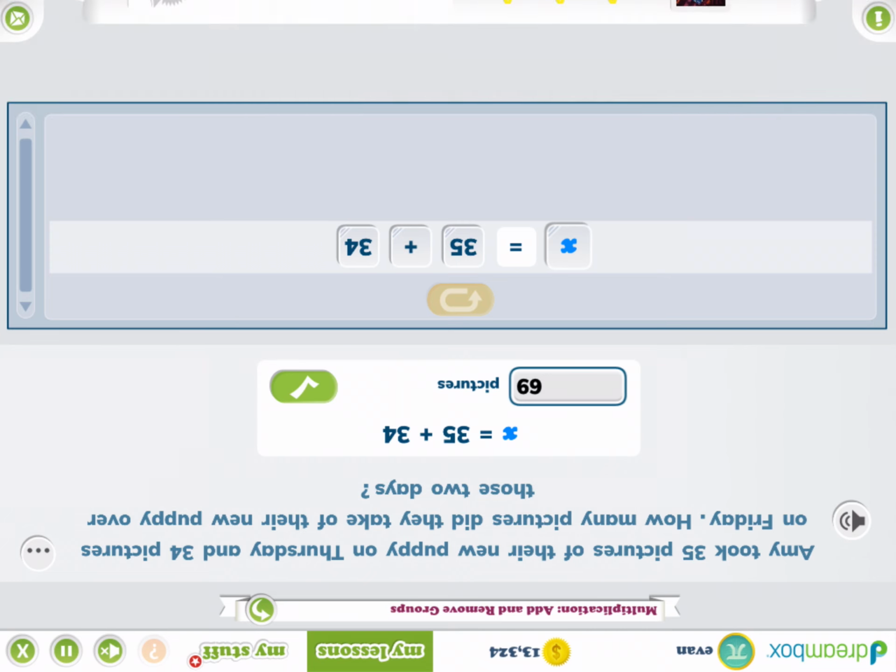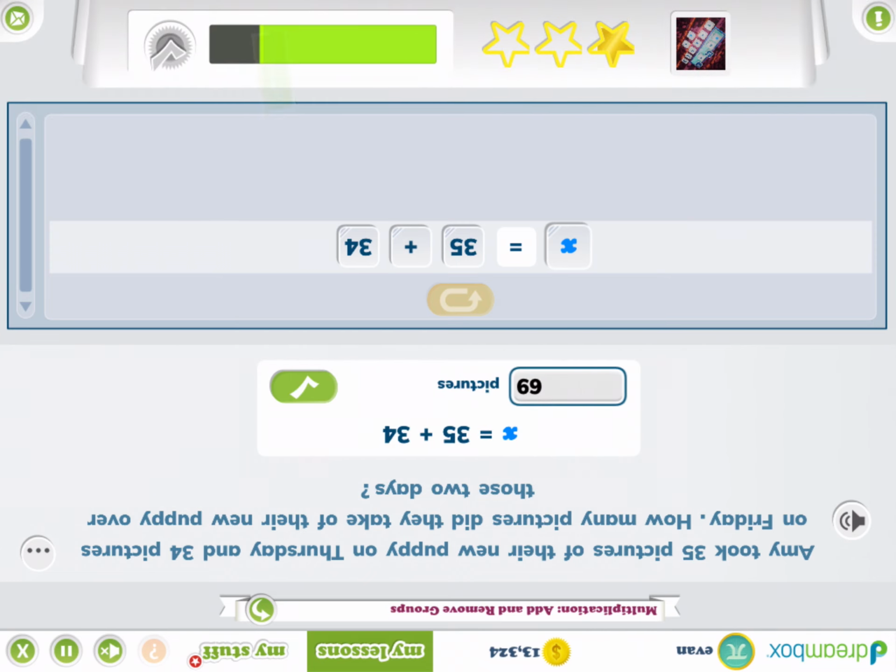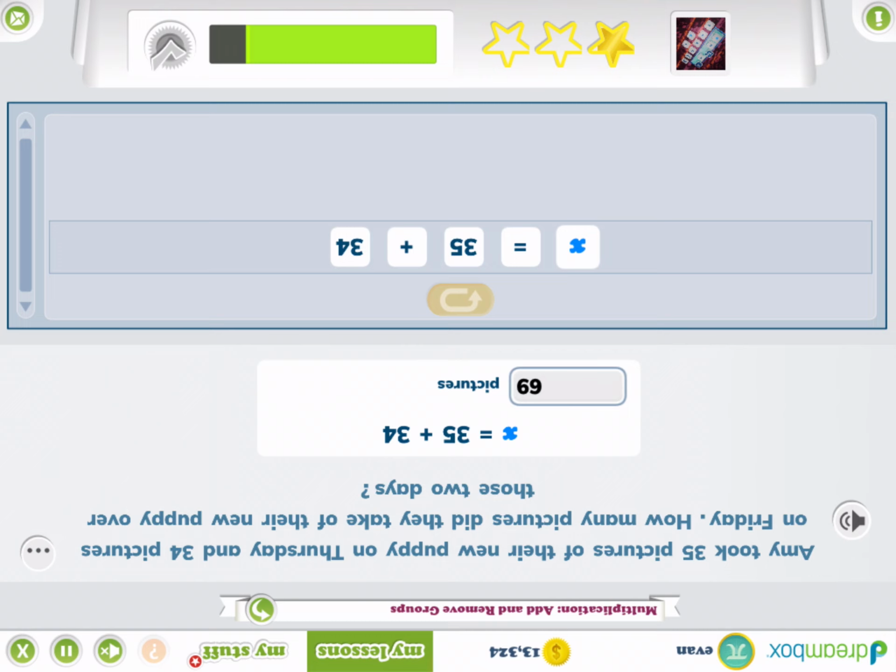Good job. Amy took 69 pictures of their new puppy over the 2 days.